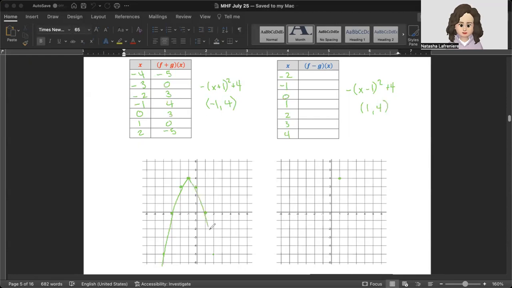You're going to do the same thing here. So this gives you -5, 0, 3, 4, 3, 0, -5, which is all the same points.